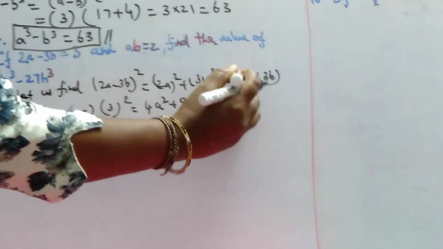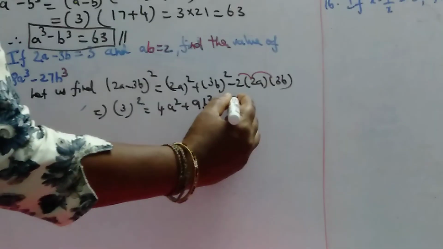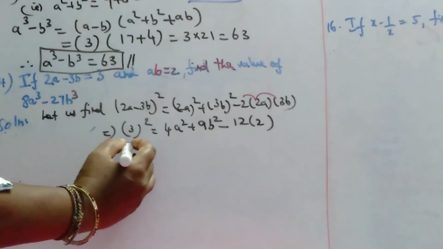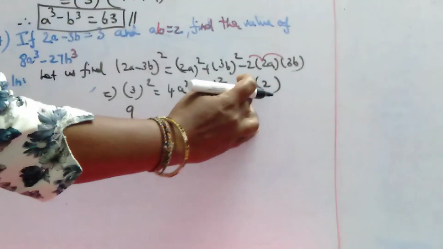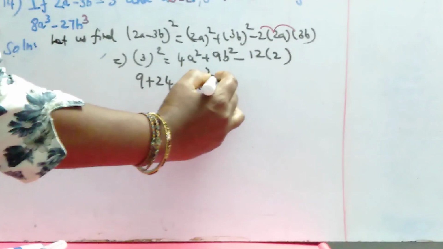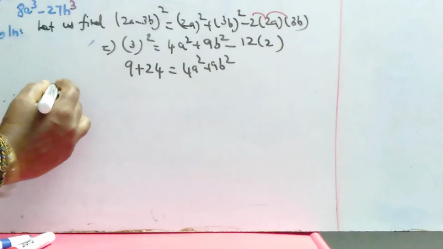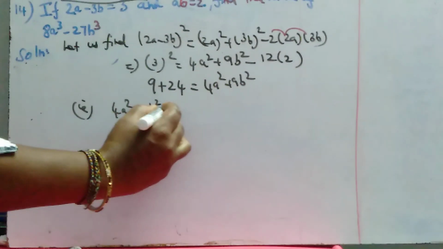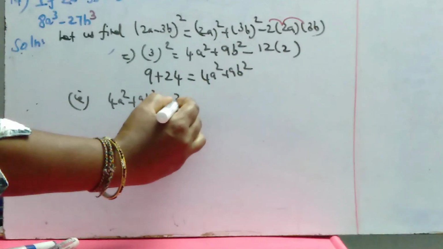It is given in the question itself, ab is the product, so we are writing that 2 there. So 9 equals 4a square plus 9b square minus 24. This 24 comes to this side, it becomes plus 24. So 4a square plus 9b square equals 33.